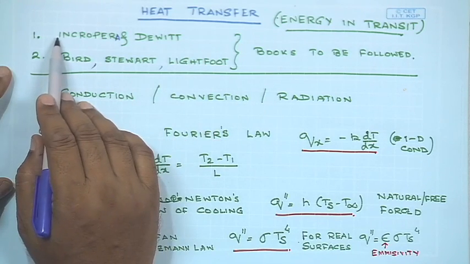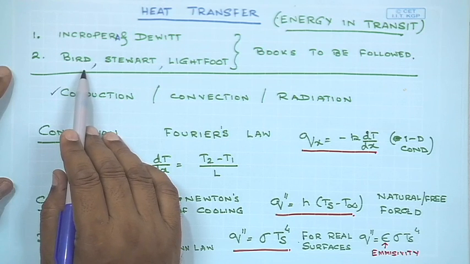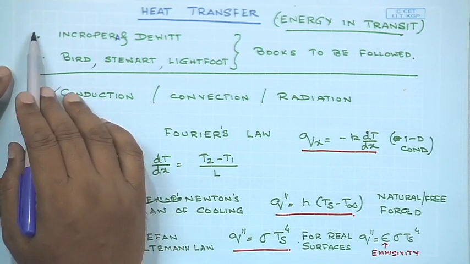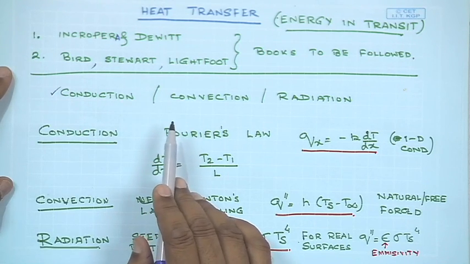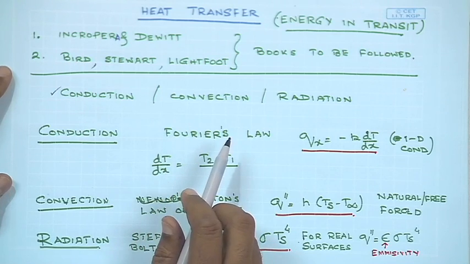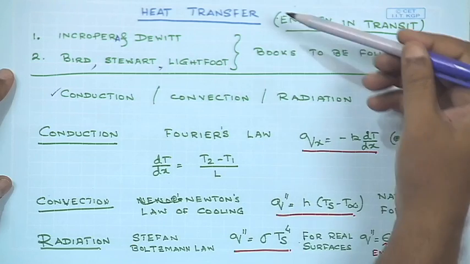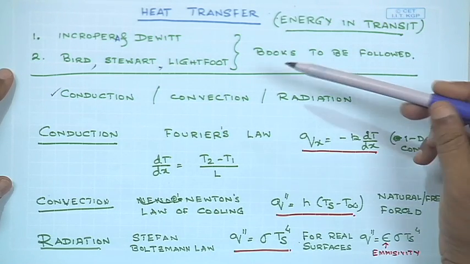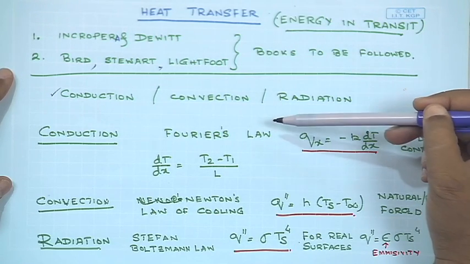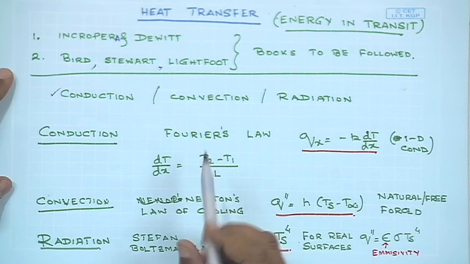The first book is on heat and mass transfer, and this is the book on transport phenomena. So these two books I am going to follow in the rest of the course, which will deal with heat transfer as well as mass transfer and the similarity between heat, mass and momentum transfer.